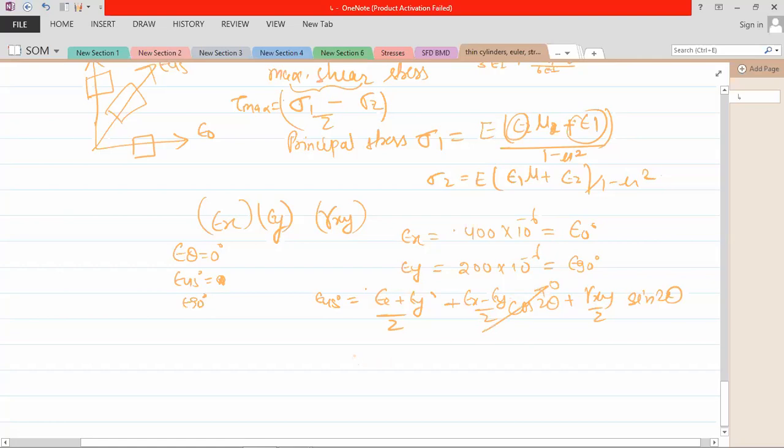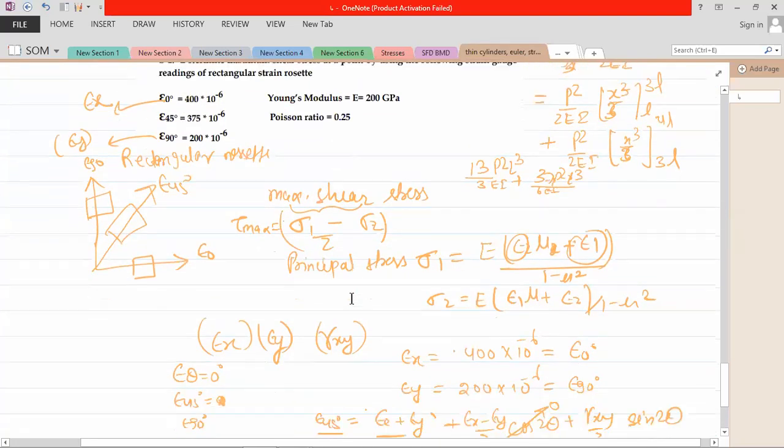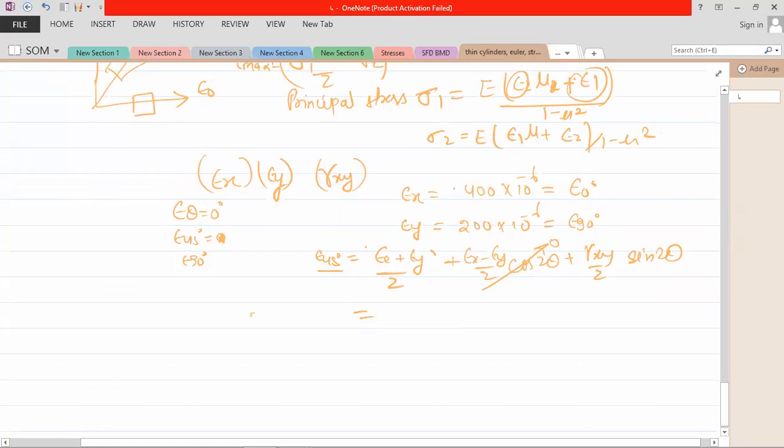Now that is given. This value is given around 375 into 10 raised to the power minus 6. This value is also epsilon x and epsilon y, given by E0 and E90.